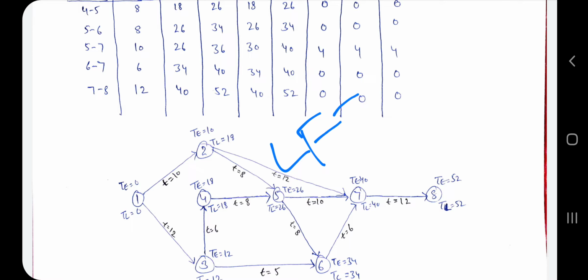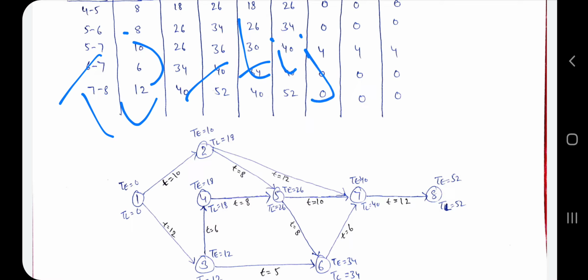Here LFT is 18 because LFT is equal to TLJ, and LST is equal to TLJ minus TIJ.